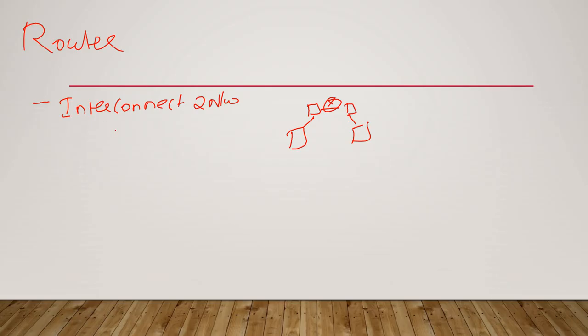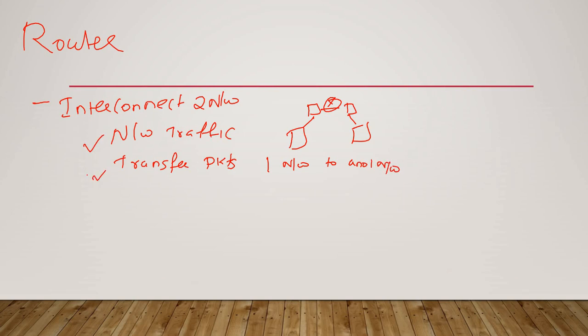It manages the network traffic, as well as transfers the packets from one network to another network. So these are the two main roles of the router.